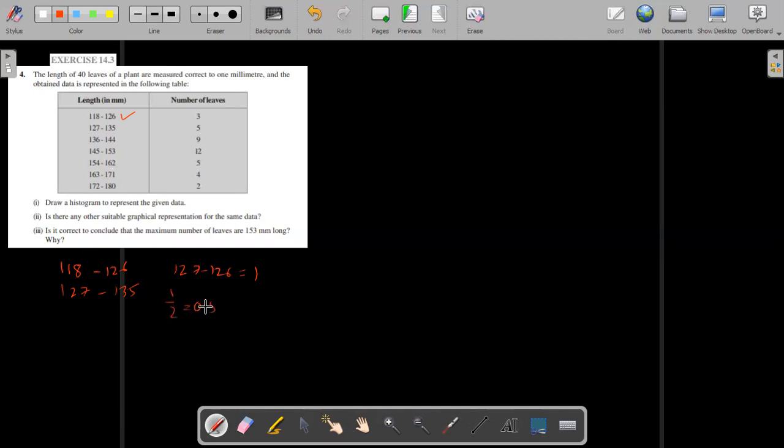So half of that you have to take and add to 126. So these intervals will change. You have to subtract 0.5 from 118, so this will become 117.5, the first interval.